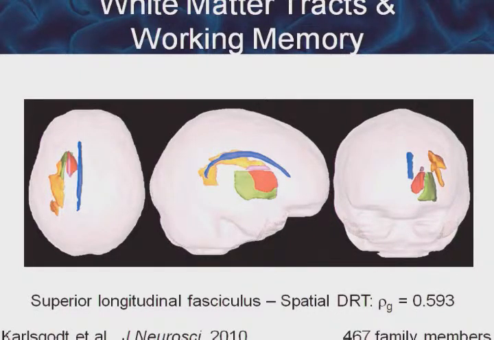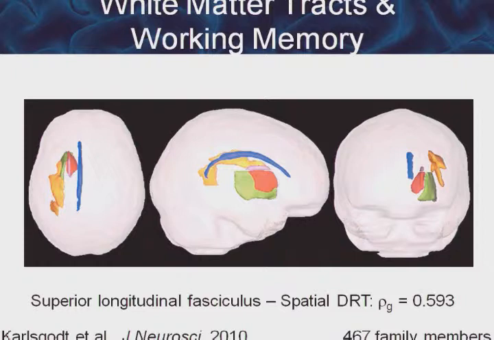Now, the reason we were doing this was because in imaging studies we've shown that the bold signal associated with doing this particular task shows you brain regions around the superior longitudinal fasciculus, and that there's a correlation between that bold signal and the FA values in the superior longitudinal fasciculus. That was in one sample. Here, what we wanted to do was to show whether or not there was some genetic relationship, and indeed there was, where there wasn't a genetic relationship in some of the other things.